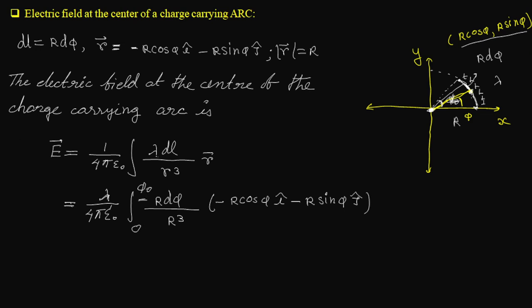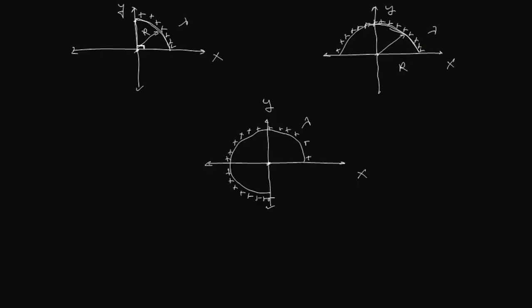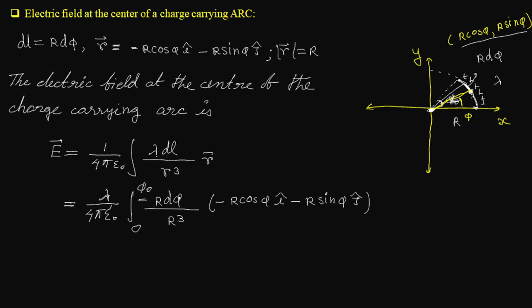So just put this limit 0 to pi by 2 and try to calculate what the electric field at the center will be. In this case, it will be lambda divided by 4 pi epsilon naught. Then you can see here this r square will cancel out, and 1 r you can take common here, so another r will cancel out. So we'll get 1 by r.